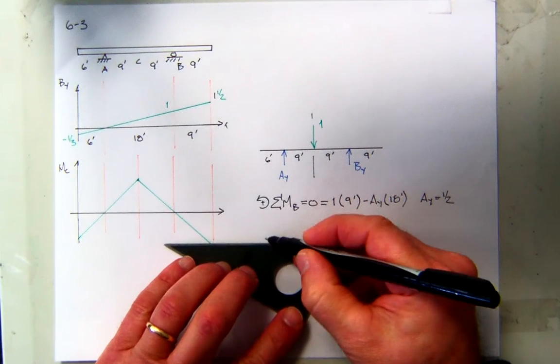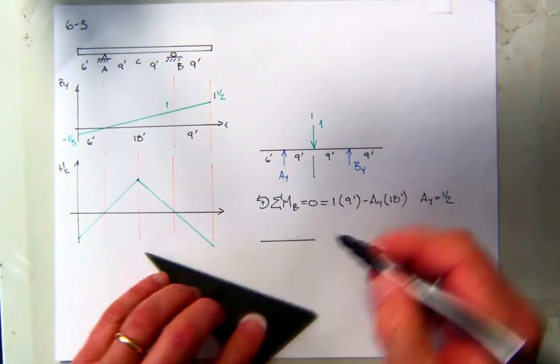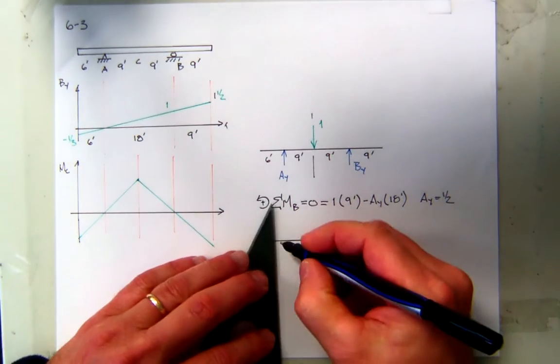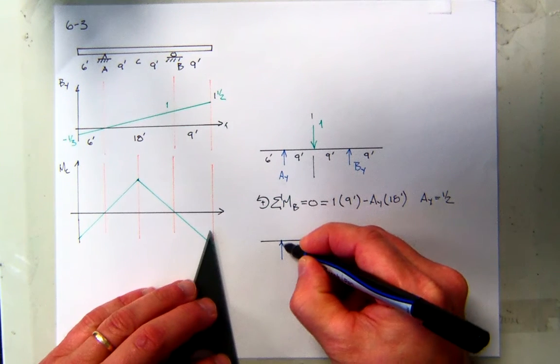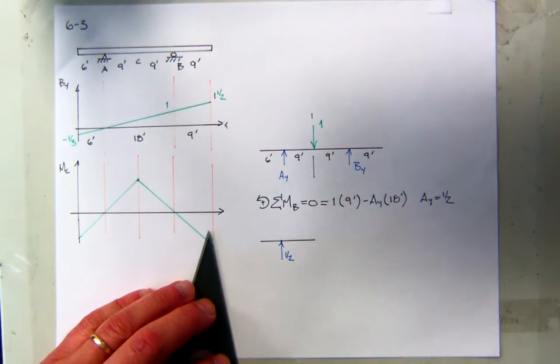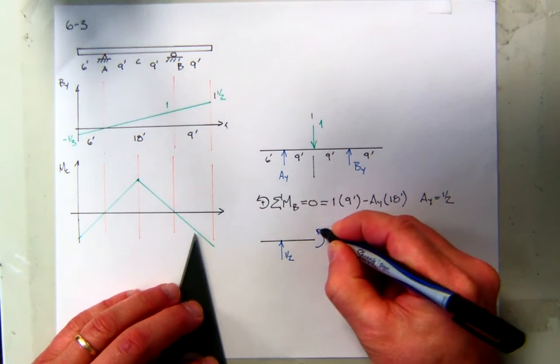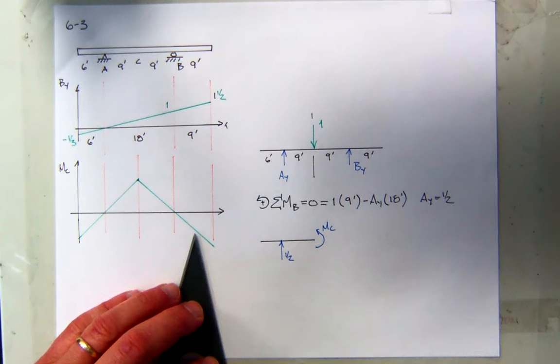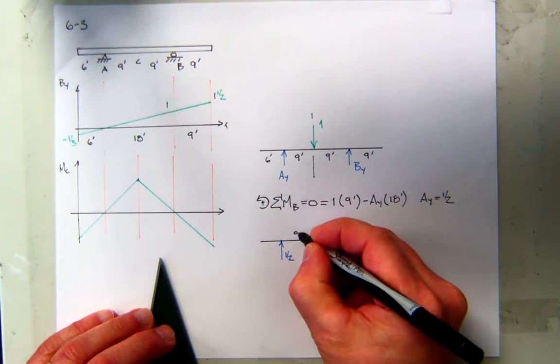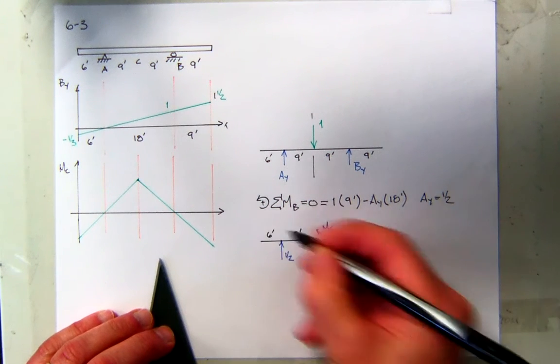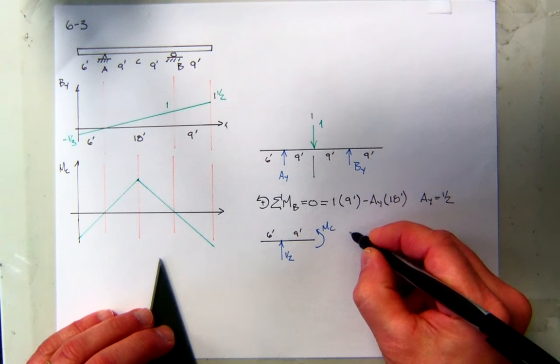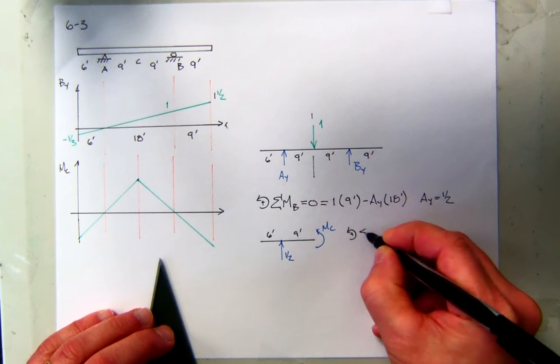So now we'll cut the structure, and we're looking at the left side. We've got our newfound reaction of 1/2, and we're looking here for the moment at C. And this is 9 feet, and this is 6 feet. So what's the moment at C? Well, we'll just sum moments at the cut.